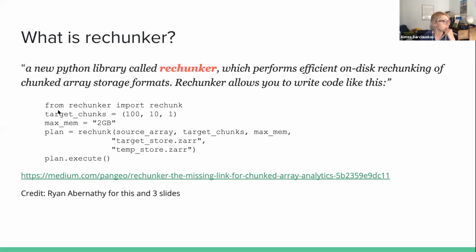You give it the target chunks that you want, so what is the shape that you finally want, and the maximum amount of memory that your Dask workers have to generate these new chunks. Then you create a Rechunker plan, give it a temporary store, and execute the plan.